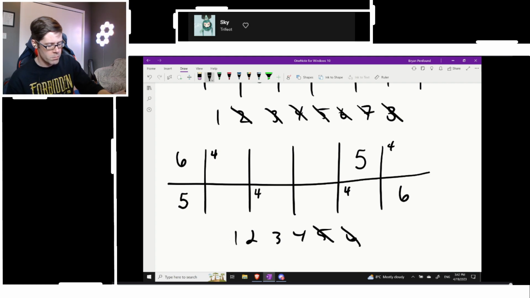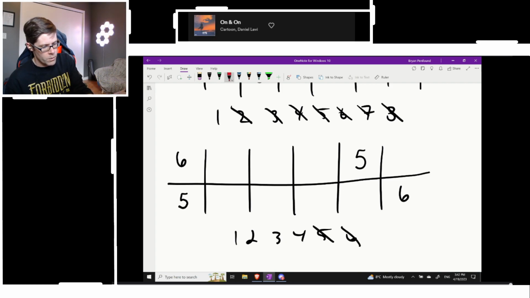So there's a couple different possibilities for 4. Maybe let's mark the starting points. So what if we did a 4 here, 1, 2, 3, and a 4 here?